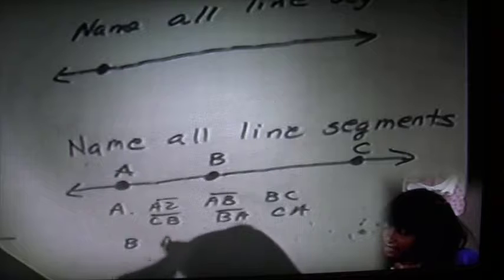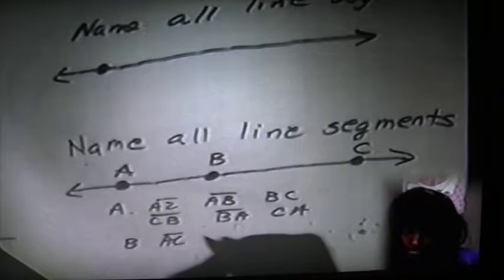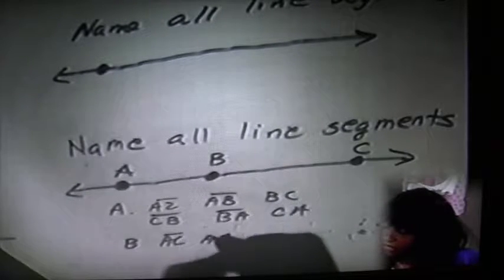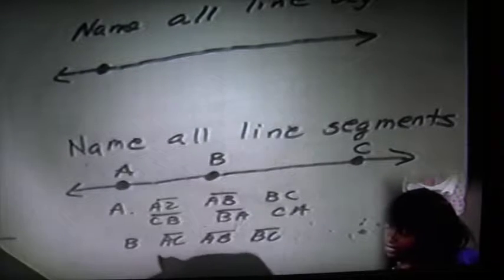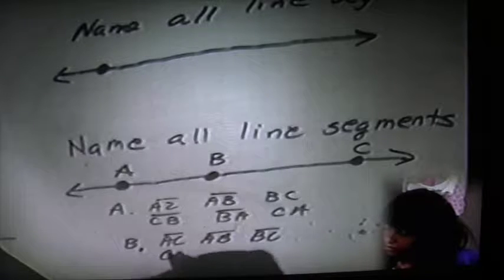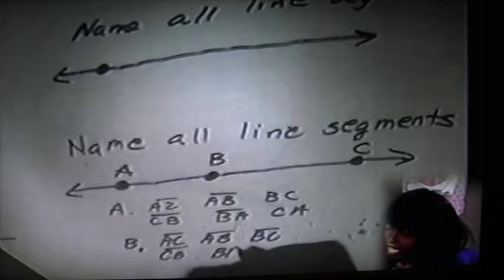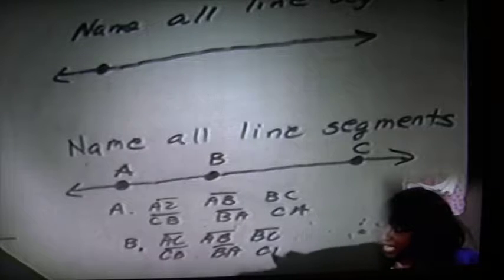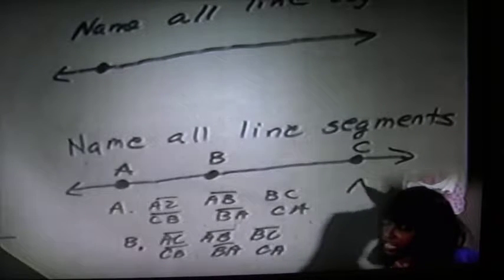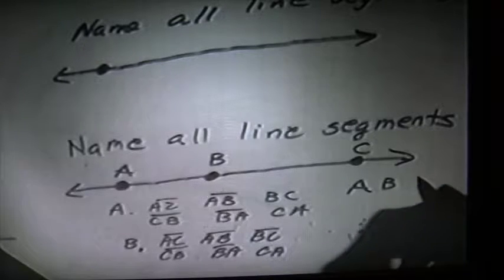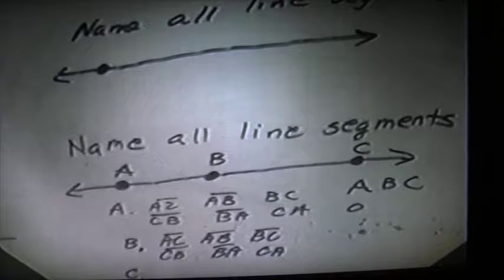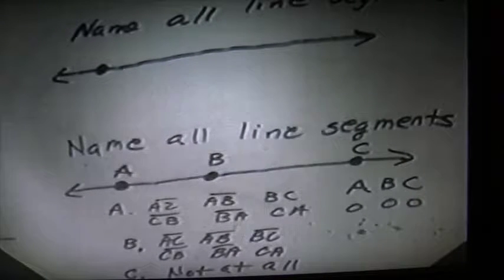You may get A, C, with a line over it, A, B, B, C, C, B, B, A, and C, A. Now, on the Scantron, you're just going to have two choices. It's going to be A, B, and C will stand for not at all. Not at all.